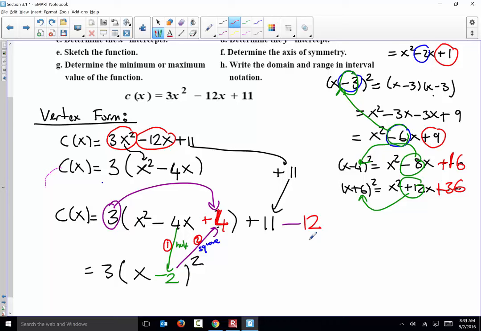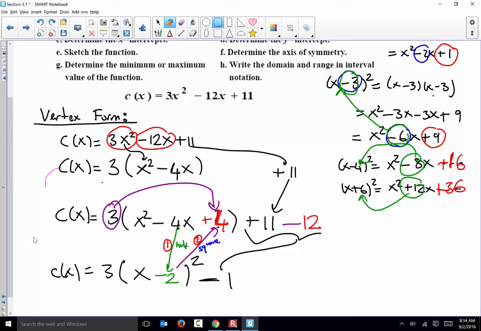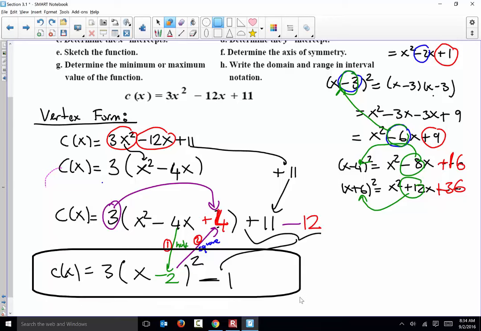Okay? Now, we need to bring these numbers after this. What is it? 11 minus 12 is? And mission accomplished. This is now declared vertex form. I put it in a frame so I don't lose it because this is so precious.